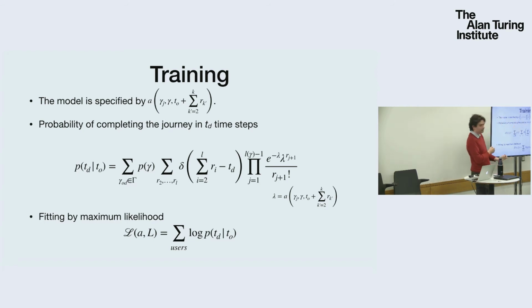This function A basically tells you the rate of the Poisson at different links. So here this is going to parameterize the distribution of my link delay variables R. The way this is done is in a very general sense.